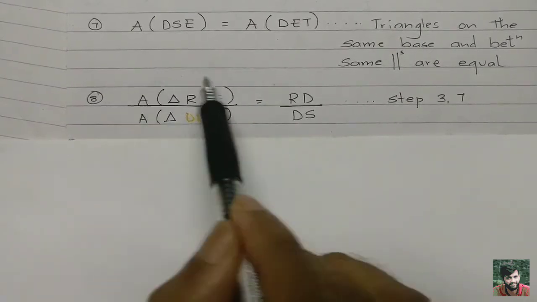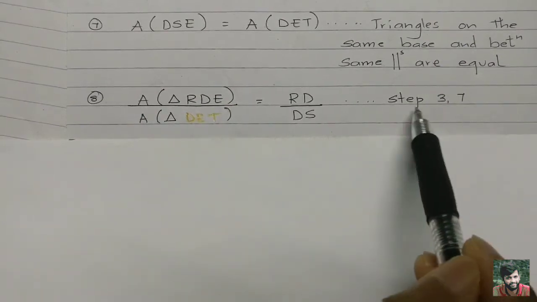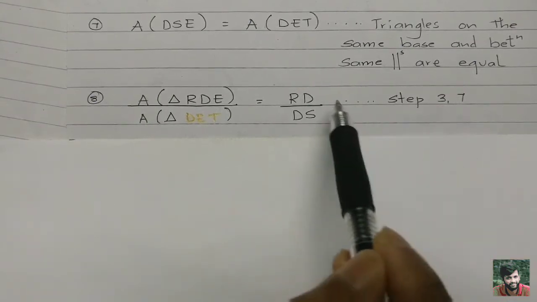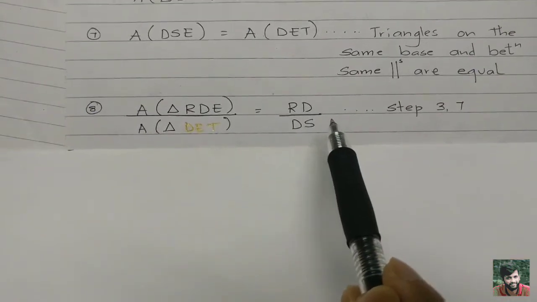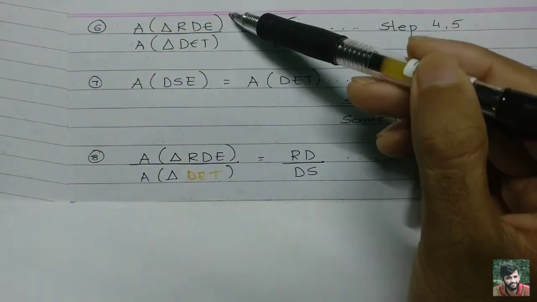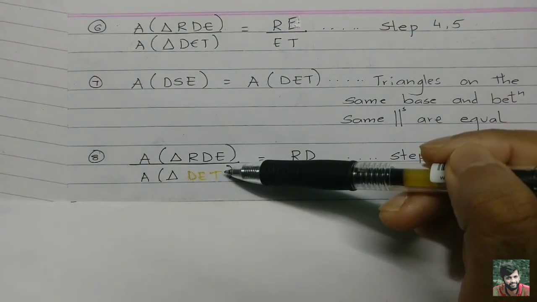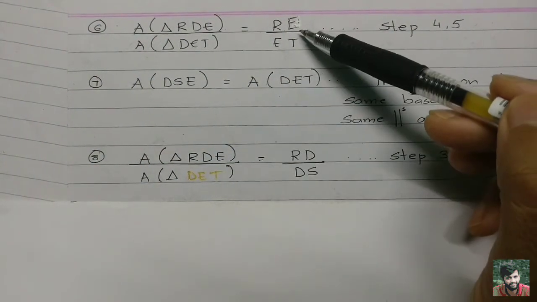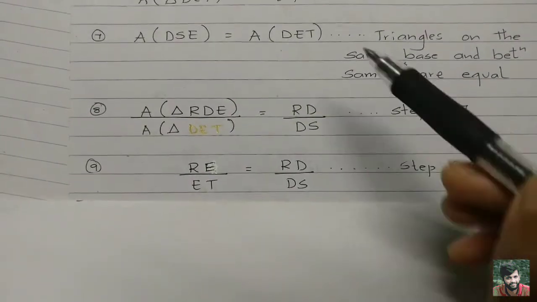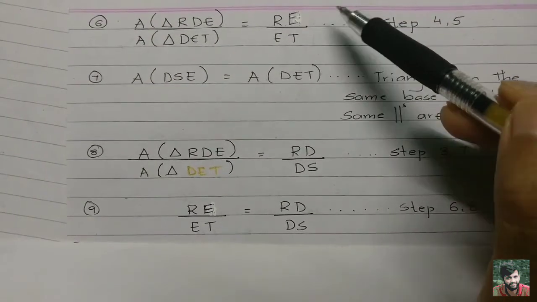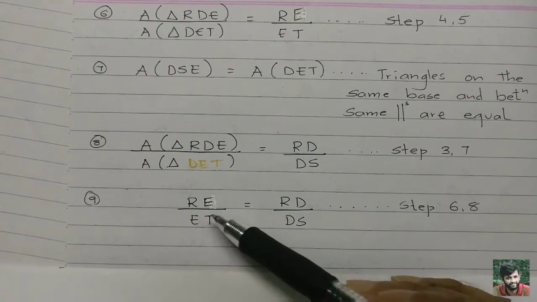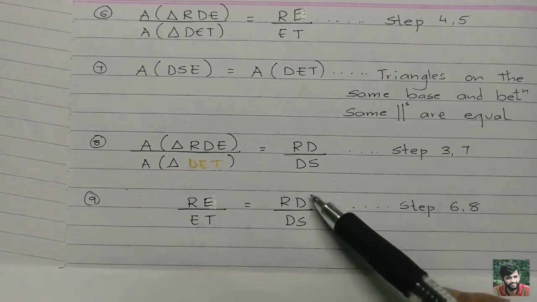And rest everything remains the same. This is the step number 3 and step number 7. So these two steps help me understand this. Now if you look closely over here, what is happening? This step over here, the left hand sides are equal. Therefore, the right hand side also should be equal. So in the end, what I will get is RE upon ET is equal to RD upon DS.